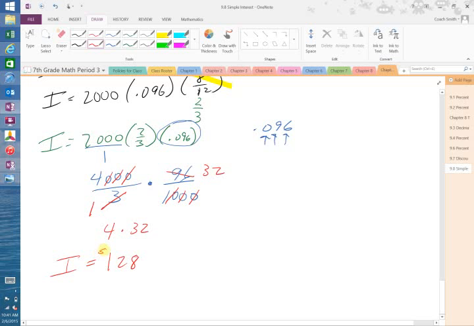So $128. We want to know the balance. So the balance is equal to principal plus interest. That means balance is equal to $2,000 plus $128. So balance is equal to $2,128.